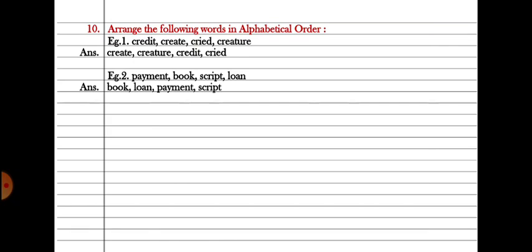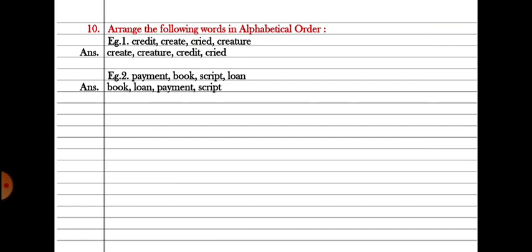Example 2. Payment, book, script, loan. Once again, after I rearrange the words in alphabetical order, the correct order will be book, loan, payment, script.